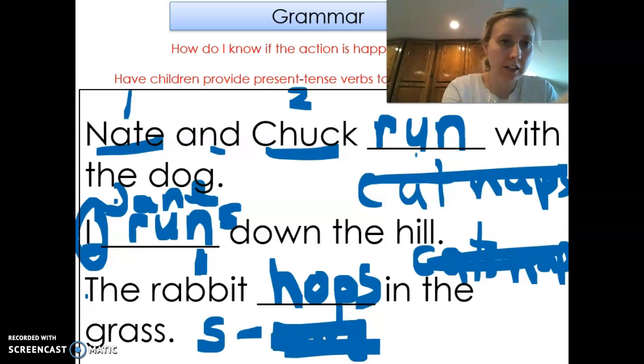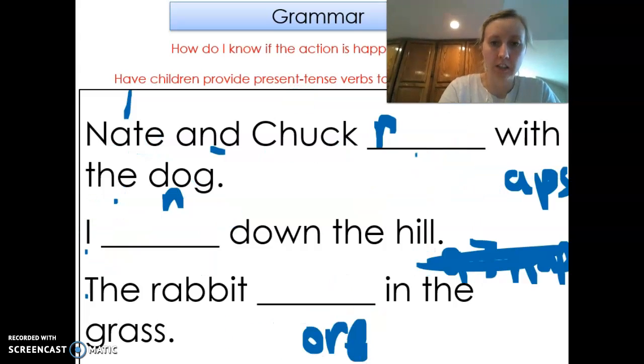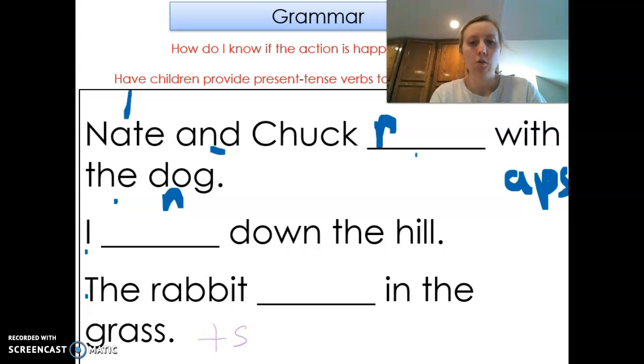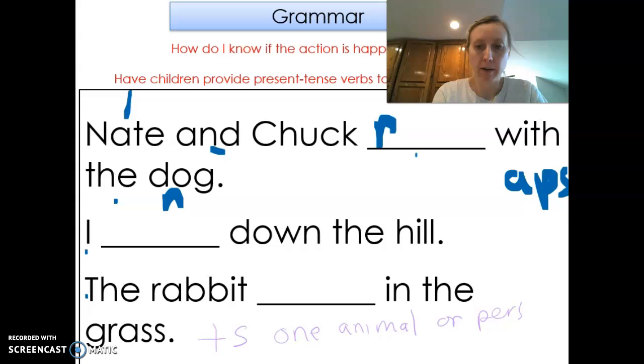Hold on, let me erase this really fast so I can help you make sense of it. So I say add an S when it's one thing, animal, or person by name.